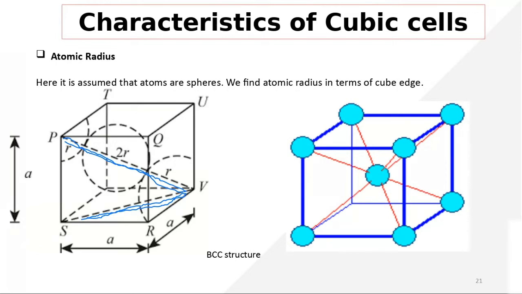So you calculate the hypotenuse using the Pythagoras theorem, with the values of a and b as perpendicular and base, and you get the diagonal along the face. Then, considering PSV as a triangle, we can get the value of PV from the Pythagoras theorem. We will calculate it in the coming slides.